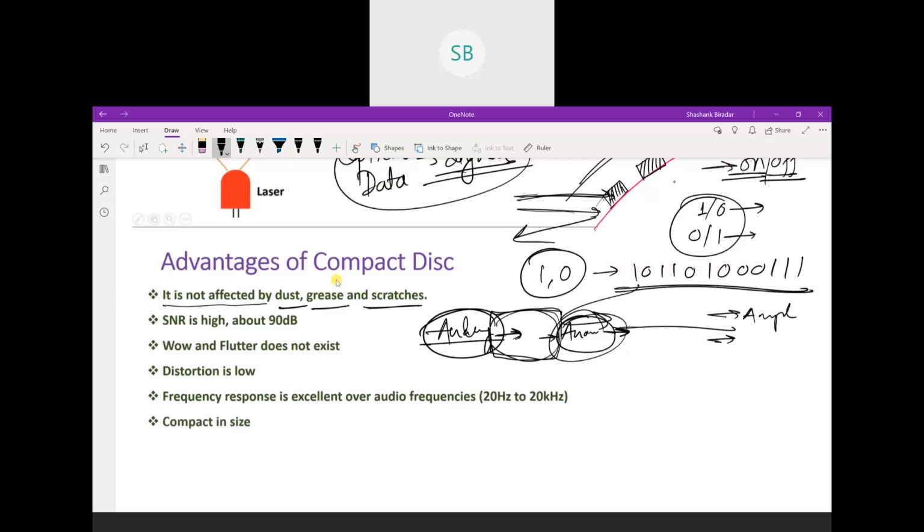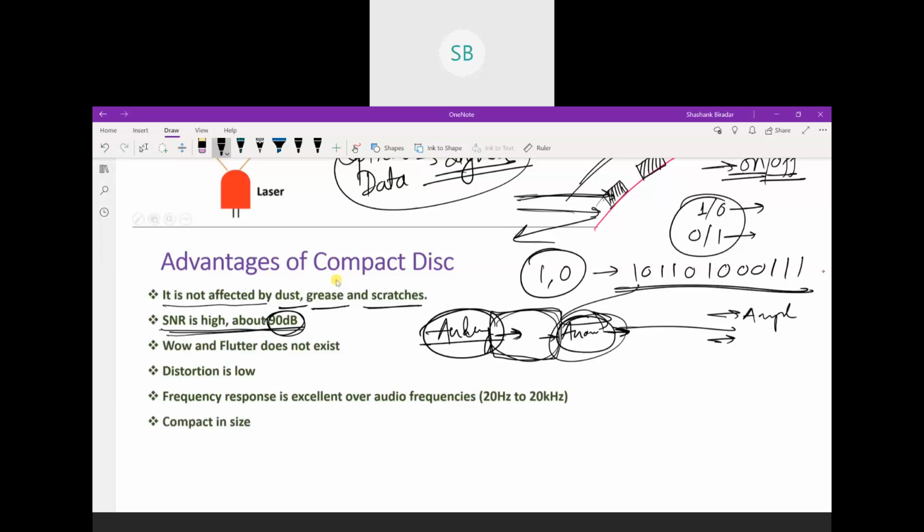Also, replication of those things would be difficult enough, as far as replication of this data in digital form. The signal to noise ratio is high, about 90 decibels.